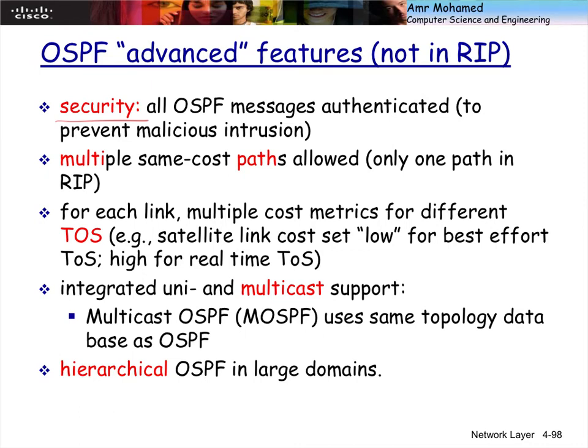So there are also multiple same cost paths allowed, which is what we were talking about a while ago. For RIP, we said that when I have a certain source and a certain destination and I can reach the destination from two possible paths with the same cost, RIP uses one, right?